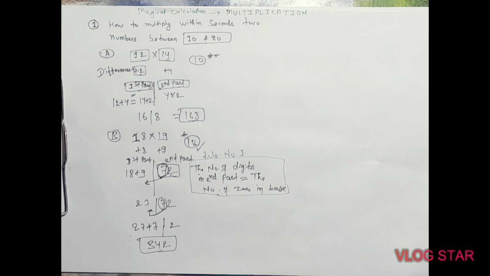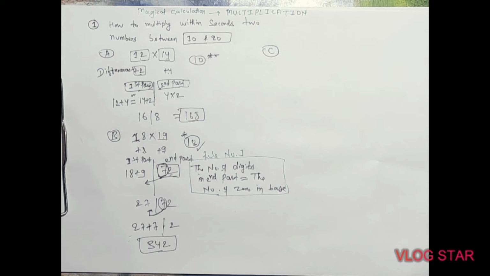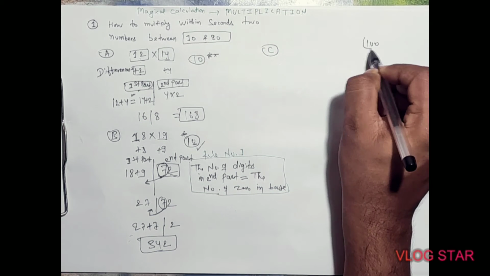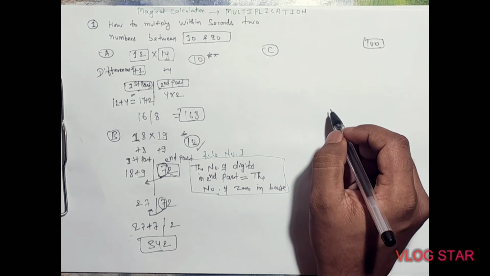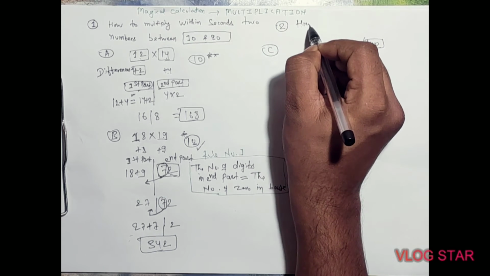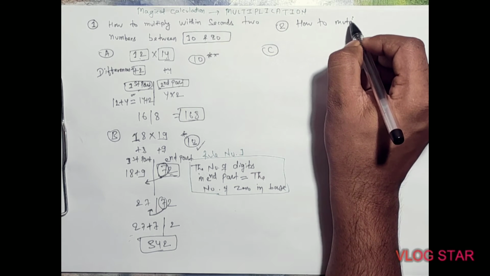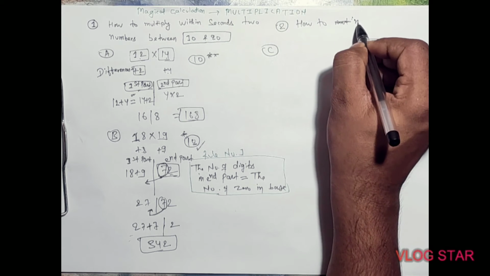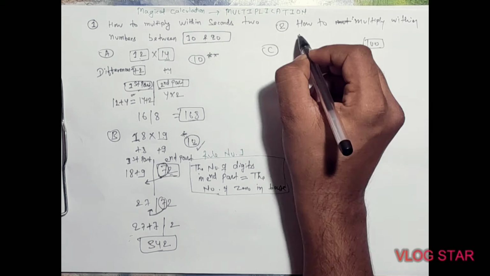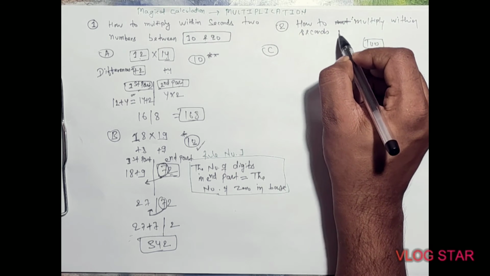Now coming to the next, let's talk about when we have base 100. How to multiply numbers nearer to a power of 10.